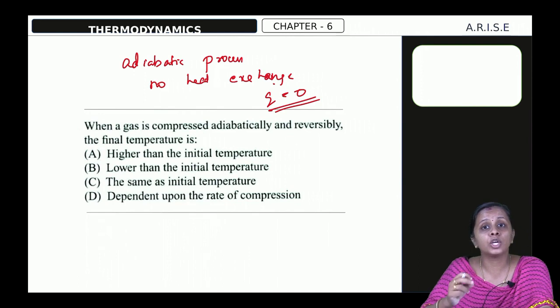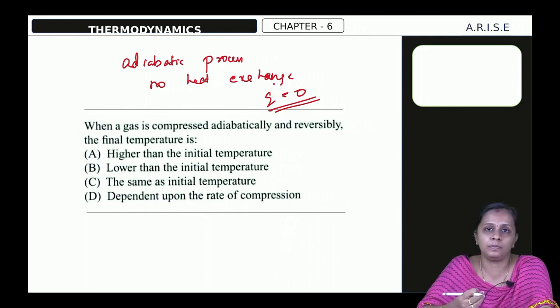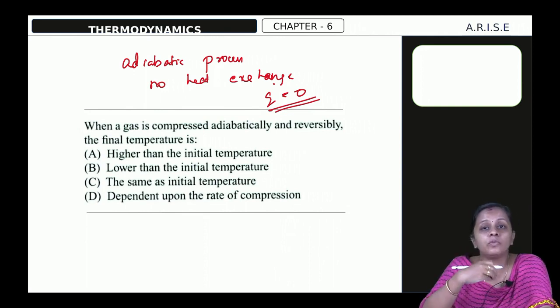For Q to remain constant, the heat should not be transferred to the surroundings from the system.